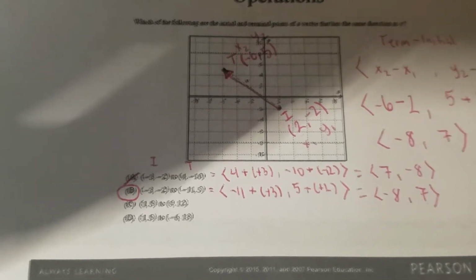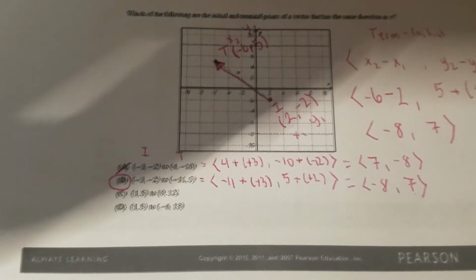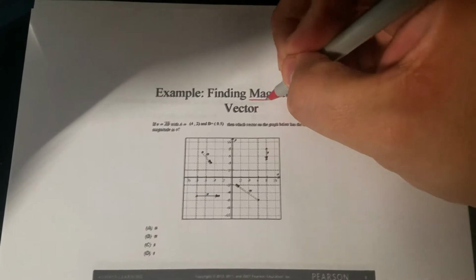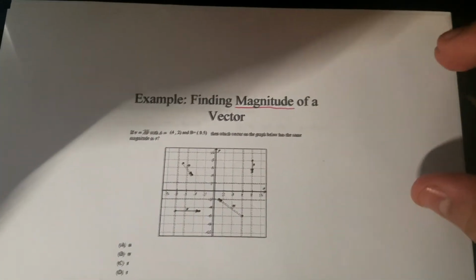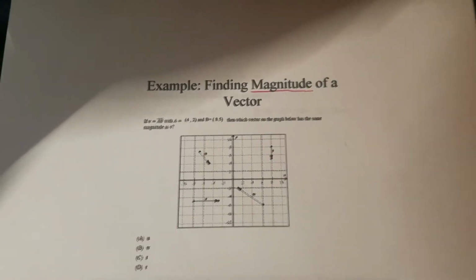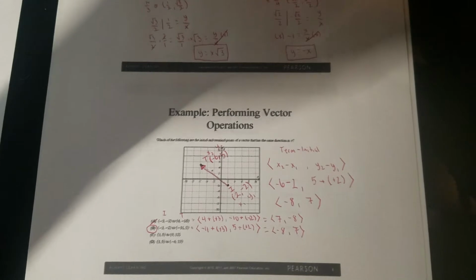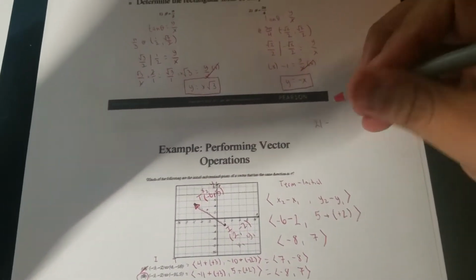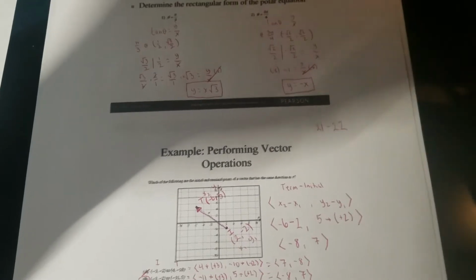Okay. So, moving on. This one has to deal with the magnitude now. I'm sorry, let me go back to this one. These problems right here were like number 21 and 22 on your review.